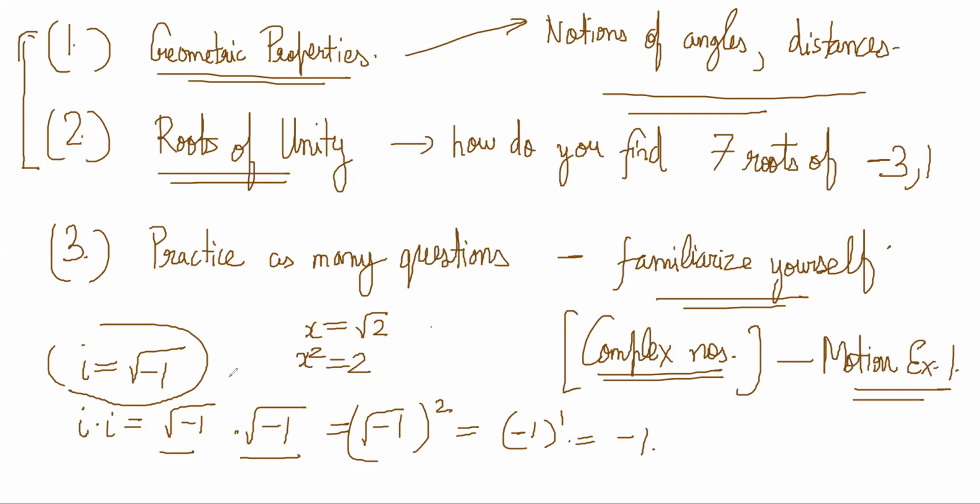So the point is that if you had to find root of 1, then you have no issues, no? Then why would you do i? You will not split root of 1 as root -1 into root -1, no? i means root -1 and i square means -1.